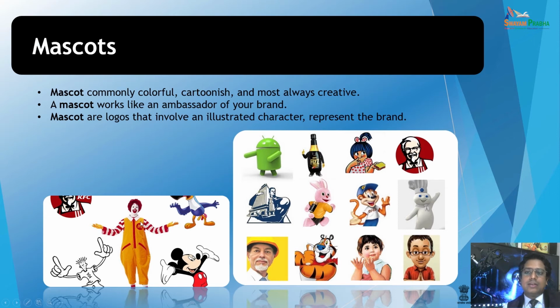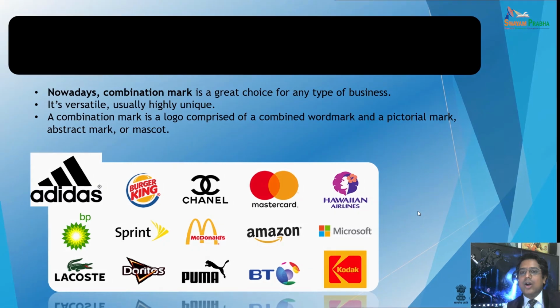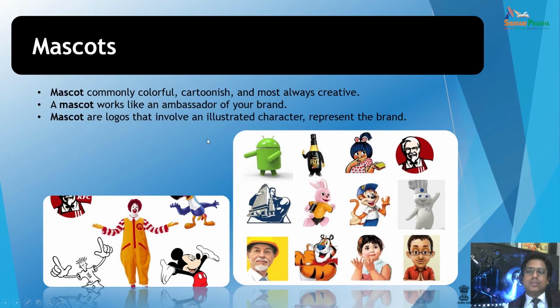Commonly you can recognize McDonald's, Mickey Mouse, Thumbs Up, KFC, Fizz, Amul, right? So these are commonly used mascots. Mascots are commonly colorful, cartoonish and almost always creative, right? Like here you can check out the Fizz bottle having two hands and legs. In this manner they represent the character.